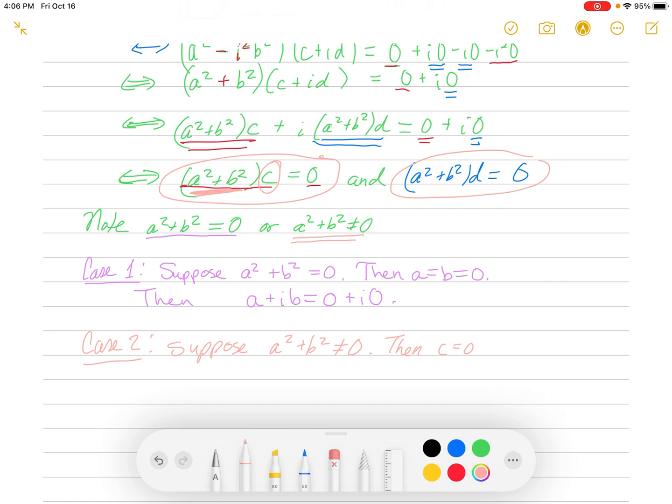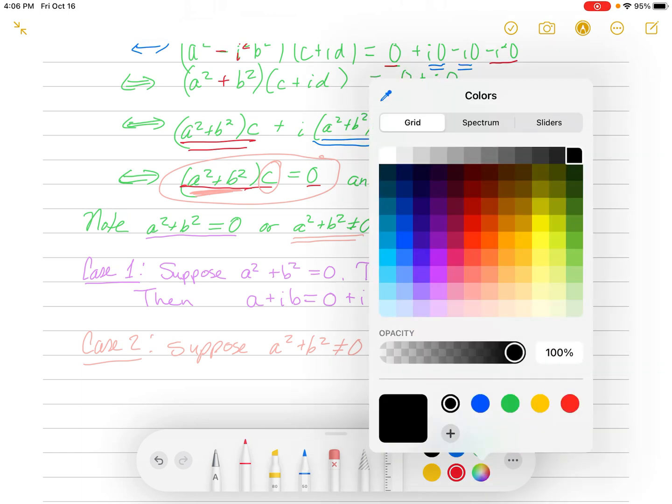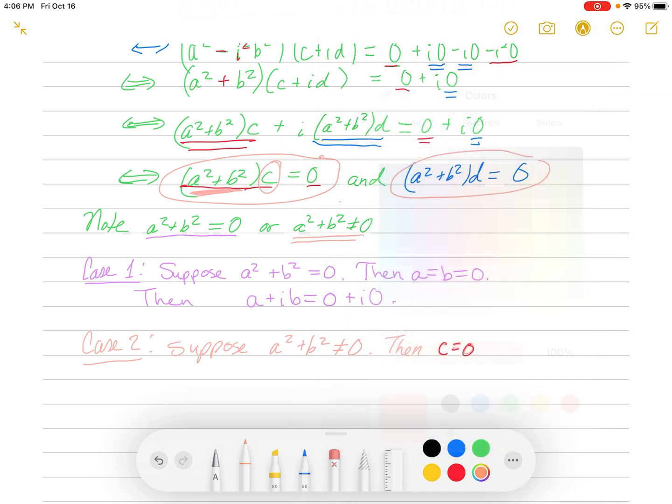So that means c is 0 from this first equation in red. And then we go to the second equation in blue. If a squared plus b squared is not 0, that forces d to be 0. And that comes from the zero product property, so that means d must be 0.